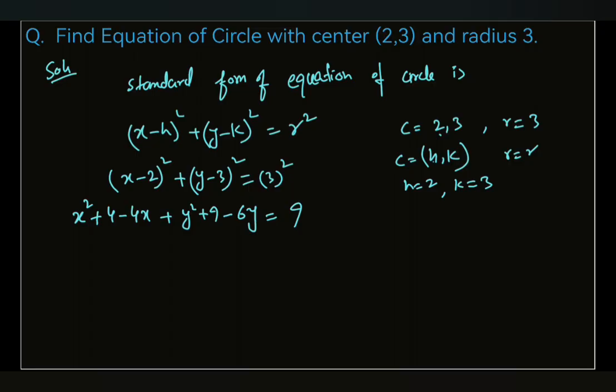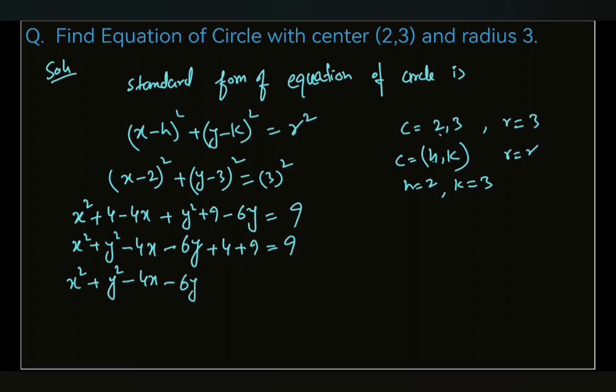So arrange this equation in the form of x square plus y square: x square plus y square minus 4x minus 6y plus 4 plus 9 is equal to 9.